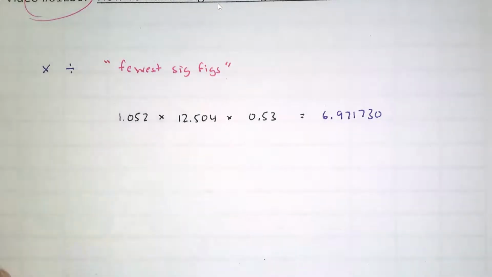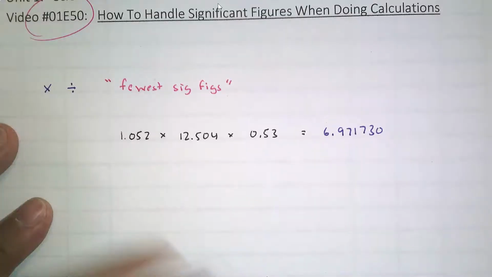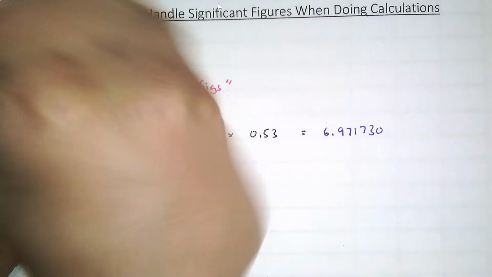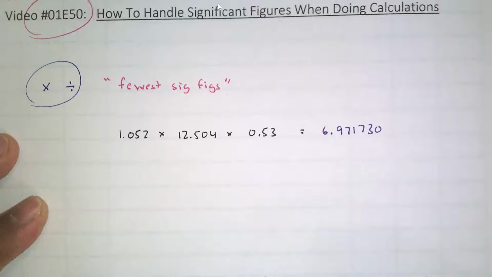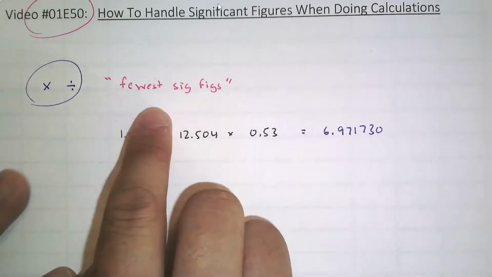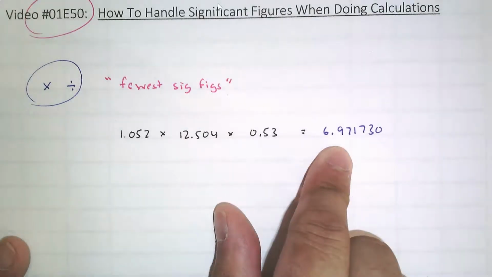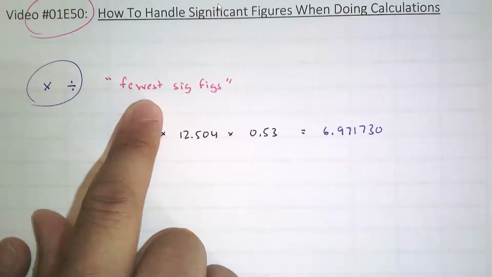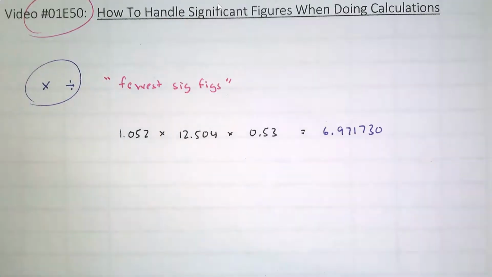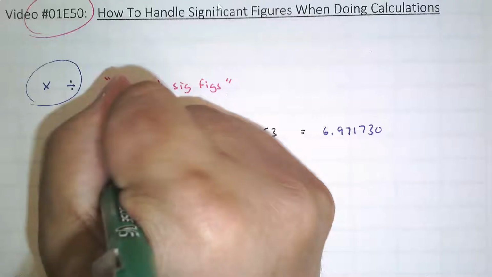Unrounded. Based on this rule, multiplication and division, we're going to round this to the same sig figs as the number that has the fewest sig figs. This one has 4.